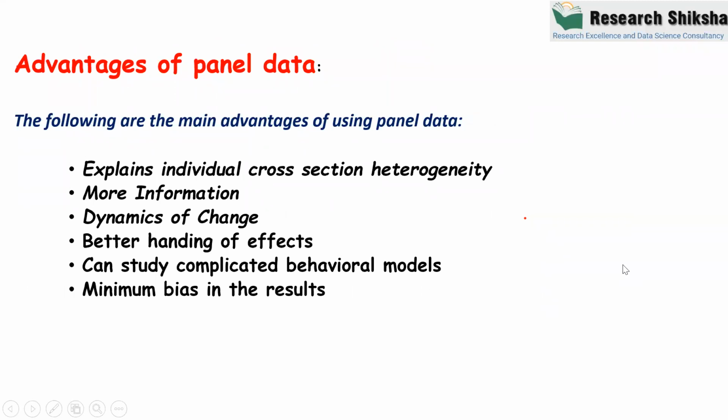Panel data is the only method which explains the heterogeneity of the cross-section units. It has more information, and you can study the dynamics of change, meaning how a variable changes with time, and you have different options to find out the effects.